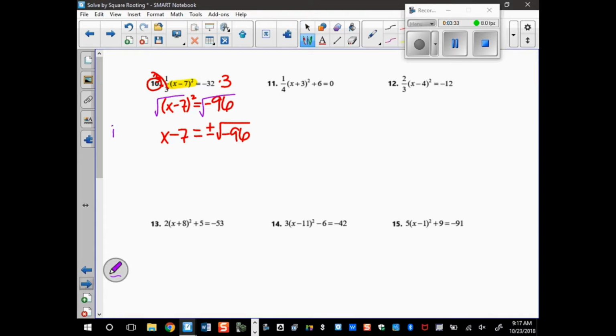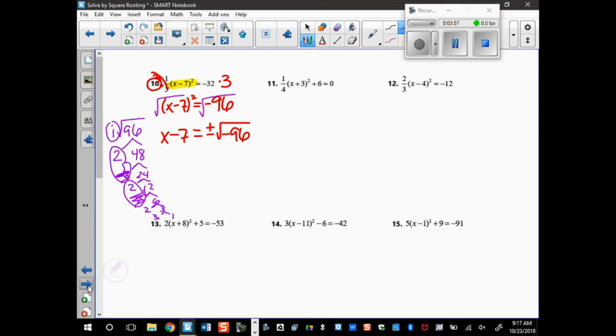I know the negative is an i. I need to break down 96. That'd be 2 times 48, 2 and 24, 2 and 12, 2 and 6, 2 and 3, 3 and 1. Pair them off, cross one off.